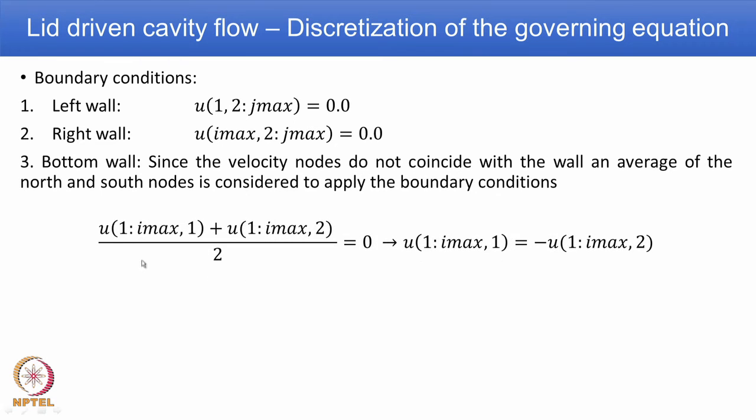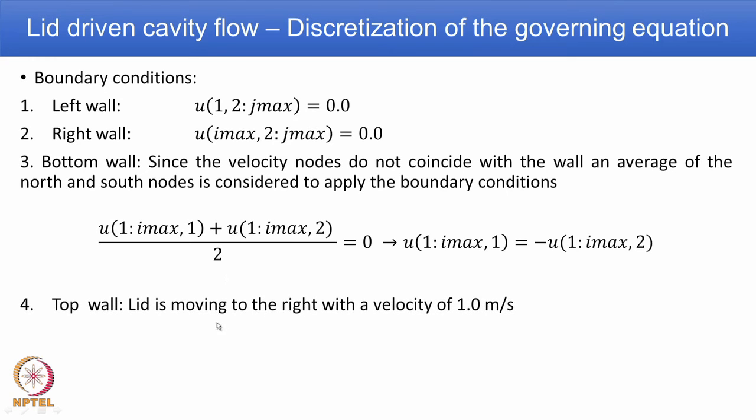Mathematically, u at 1 to i max comma 1 plus u at 1 to i max comma 2, divided by 2, is 0, which results in u 1 to i max comma 1 equal to minus u 1 to i max comma 2. This way you ensure the appropriate boundary condition is imposed on the bottom wall.